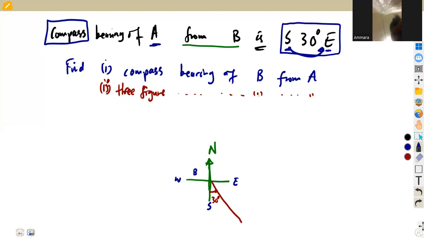Compass bearing, you deal with the poles that you are given. Is it south to east, south to north, north to east? So it's always from. You are supposed to work with that from, and whether it's three-figure bearing or compass bearing, always it's from.